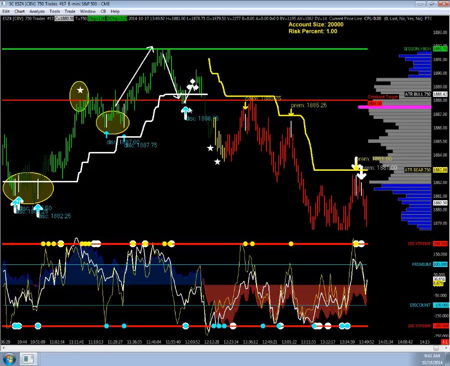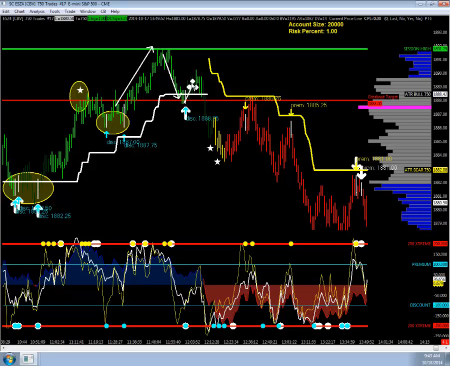Price is already at the target zone. So this becomes a more tentative potential for failure. Now again, we don't know at this point whether or not this trade is going to fail and break down or continue higher. So we simply have to take each individual trade opportunity and manage it accordingly.